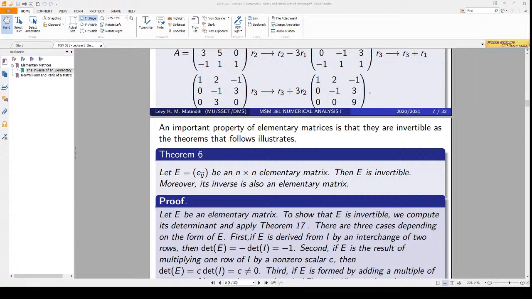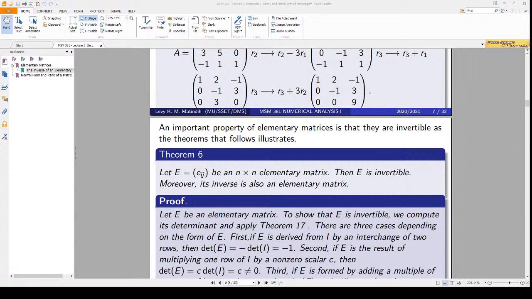You have this elementary matrix that you have found by applying a single row operation on an identity matrix. So we are saying this elementary matrix is invertible. Also, its inverse is also elementary.